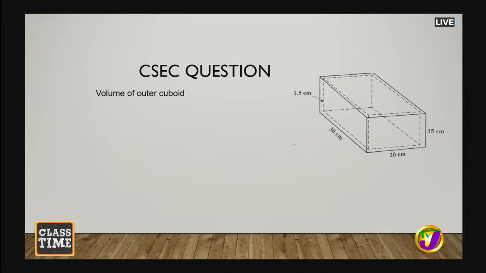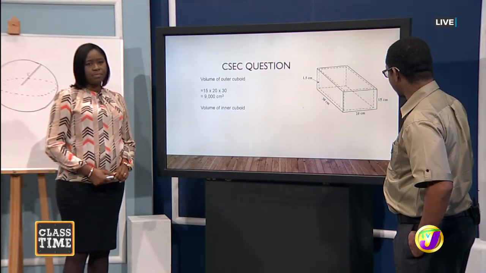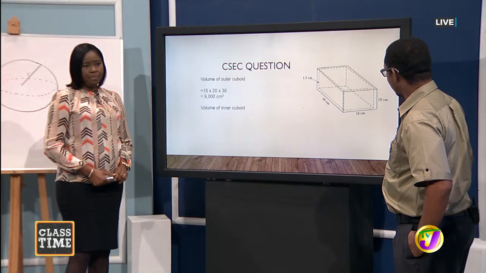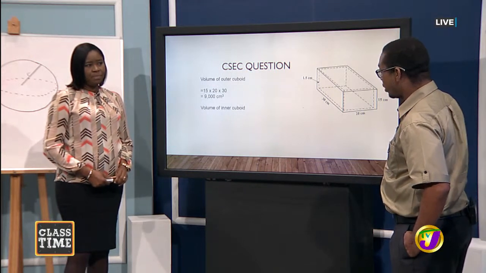So that's how we'd have length times width times height, and substituting, that gives us a volume of 9,000 cubic centimeters. For the inner cuboid, we have some considerations to make in this situation. They had already told us that the box had a thickness, and there was no lid, firstly.